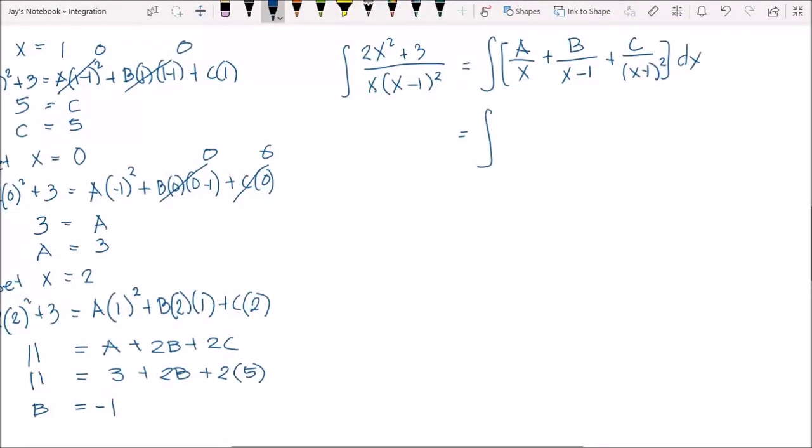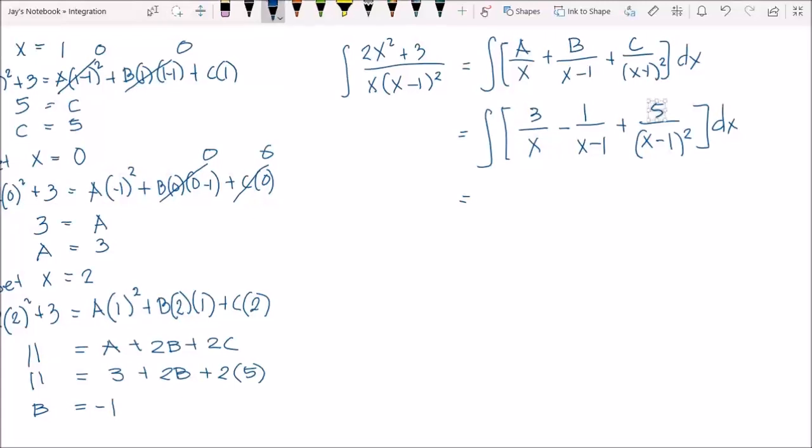That is the integration of, what is the value of a? We have 3 over x, minus, what is our b? That is minus 1 over x minus 1, plus our c, that is 5 over x minus 1 squared, then dx. So we can now apply the integration rule to this.